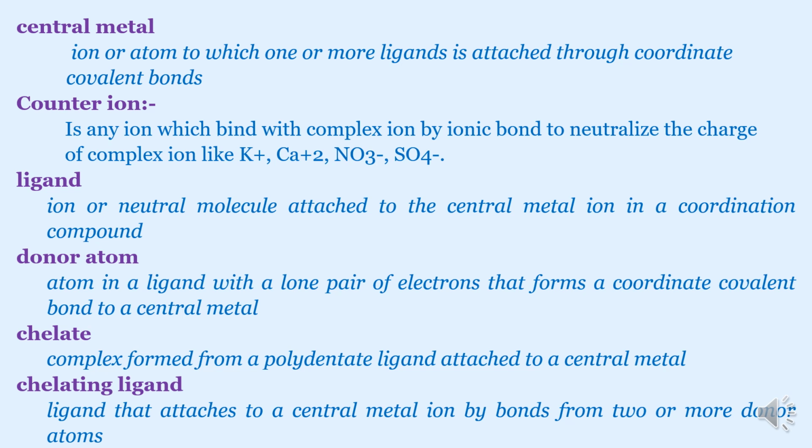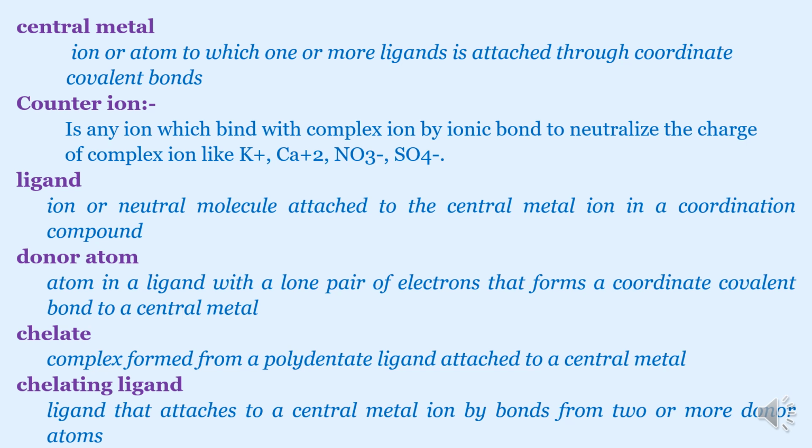Inside the ligand we have many atoms, but the donor atom has a lone pair of electrons that forms the coordinate bond to the central atom. Only an atom with at least one lone pair of electrons acts as a Lewis base, with the ability to form a coordinate covalent bond with the central metal atom.